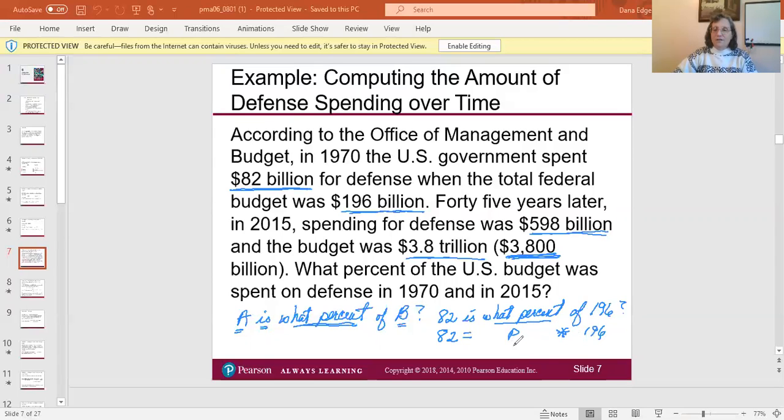So if we're solving this for P, this tells us we're going to have to divide by 196 to take care of the multiplication. So you grab your calculator and you say 82 divided by 196 is 0.418.